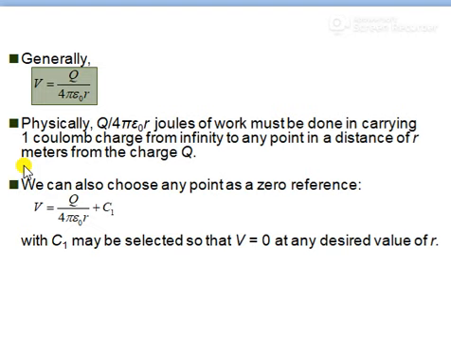You can also obtain the potential due to several point charges. And you can also evaluate the potential when the reference is other than infinity, that is, you can make ground the zero reference position. So this is about the potential due to a point charge.